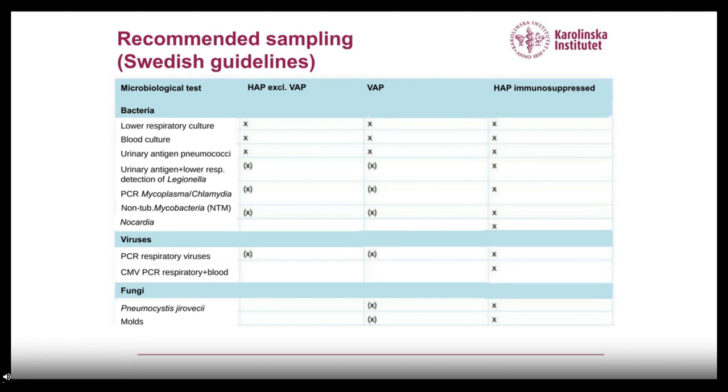And in hospital-acquired pneumonia, excluding VAP, and in VAP, it's quite common to look at the same set of samples. So lower respiratory culture is always recommended, along with blood culture and urinary antigen, and then to varying degrees looking also for atypical pathogens. And even non-tuberculous mycobacteria and nocardia are more common, obviously, to look for in immunosuppressed patients.